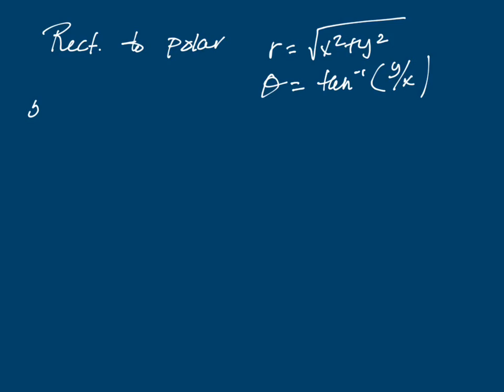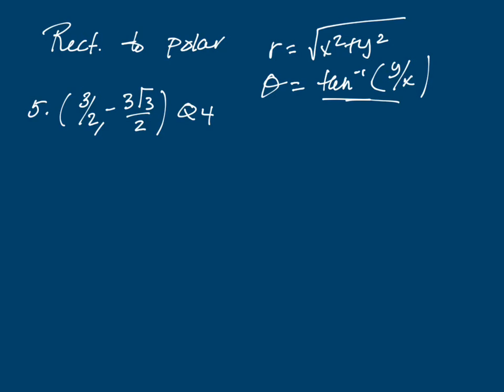So for number 5, we have 3/2 and -3 square root of 3 over 2. Now that is in quadrant 4, so we'll keep that in mind when we go to pick our inverse tan function.